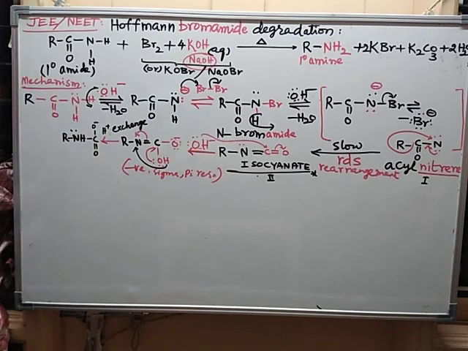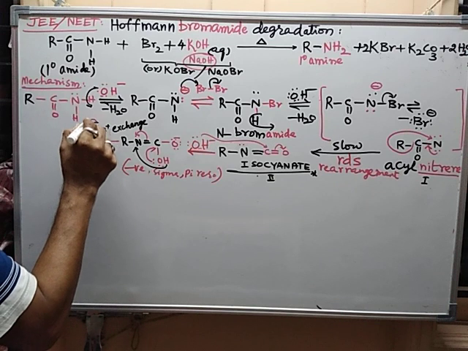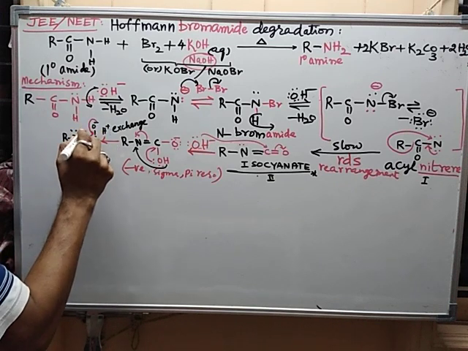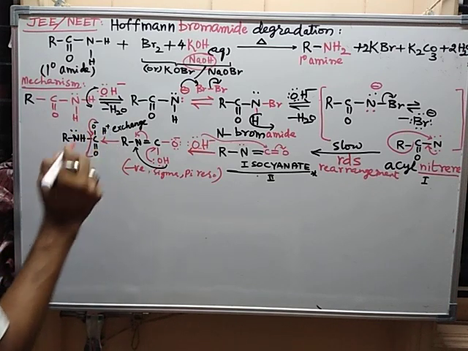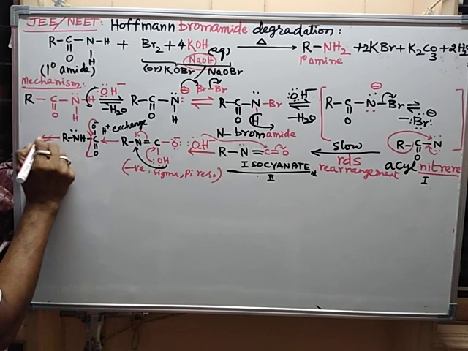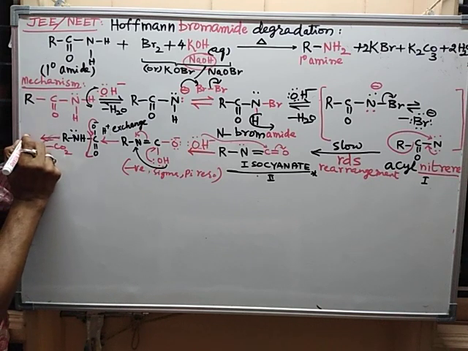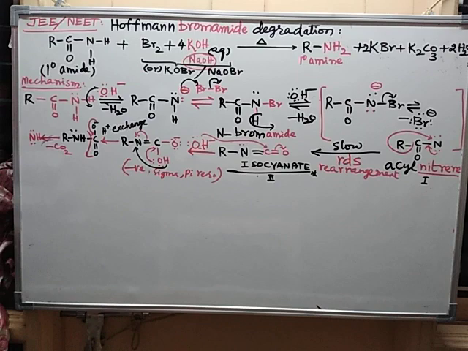At this stage, what happened, dear students? As an individual molecule, this negative charge is dispersed here and the bond is broken like this, and carbon dioxide is expelled. The important compound is NH with which charge?